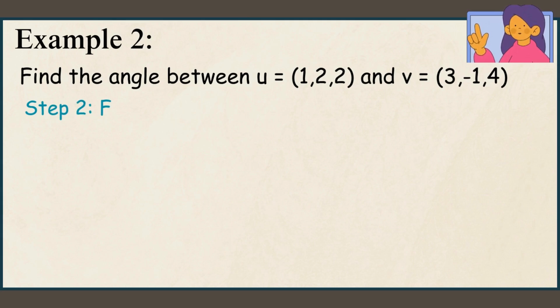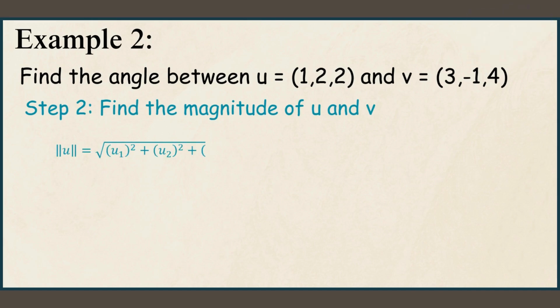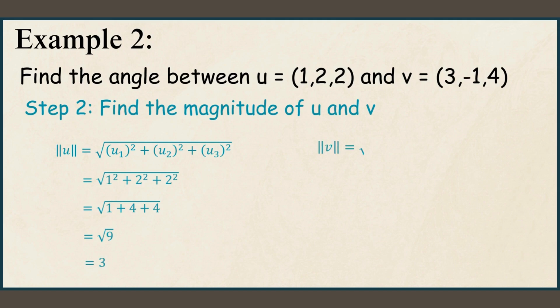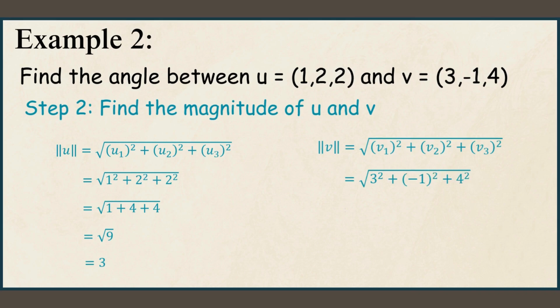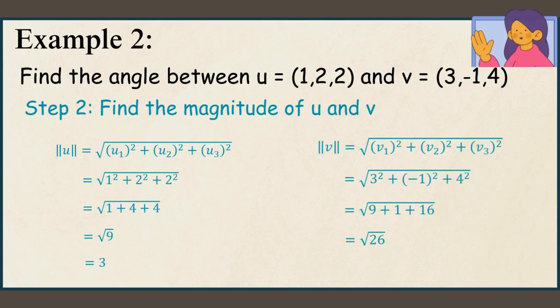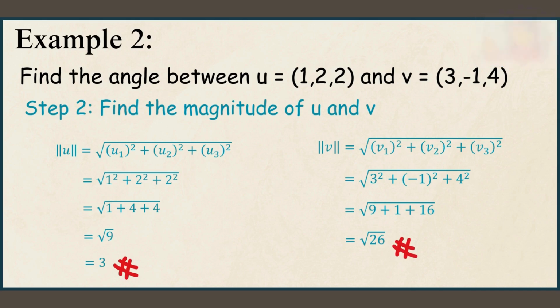For step 2, find the magnitudes of u and v. For u, we will get 3, and for magnitude of v, we will get square root of 26.